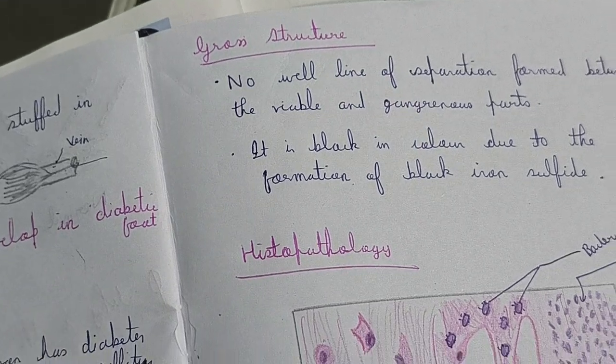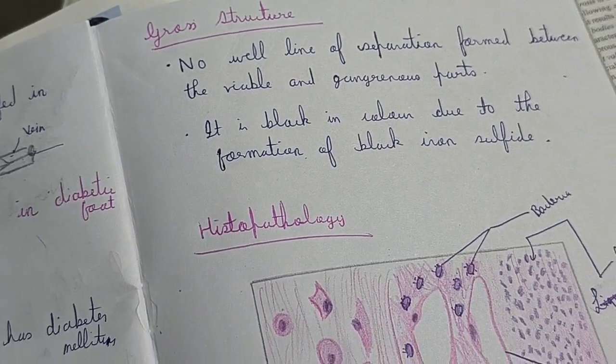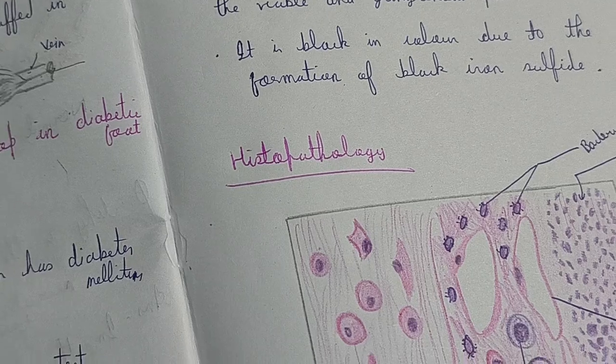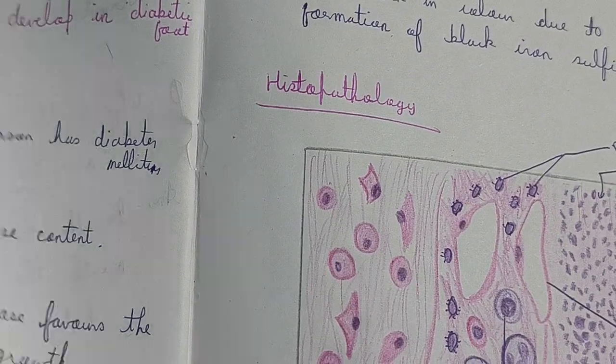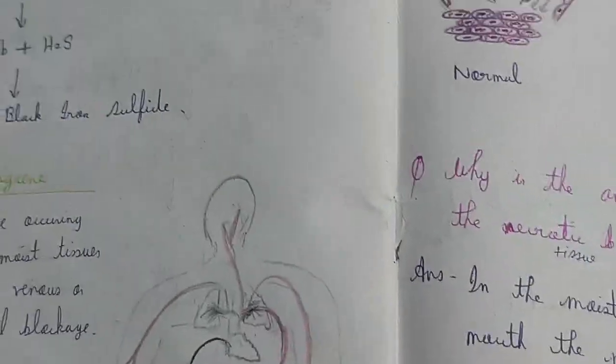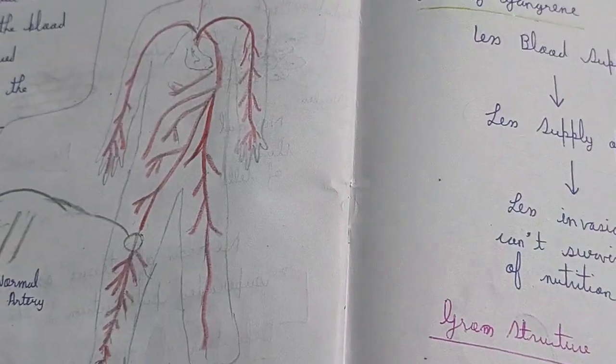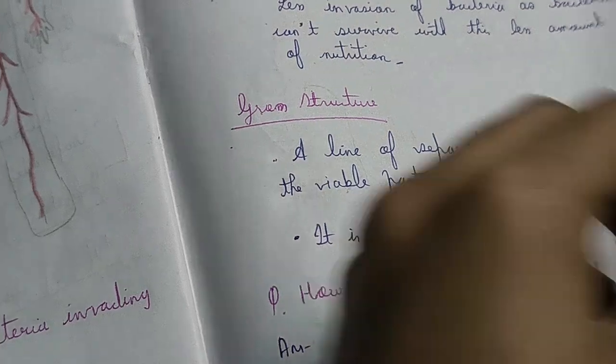So no clear line of separation is formed between the normal part and the gangrenous part. And it is black in color simply due to the formation of black iron sulfide, as I've already mentioned in the previous part.